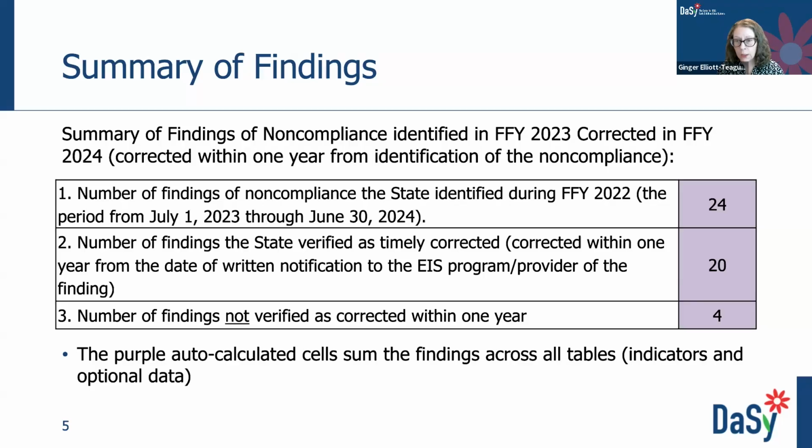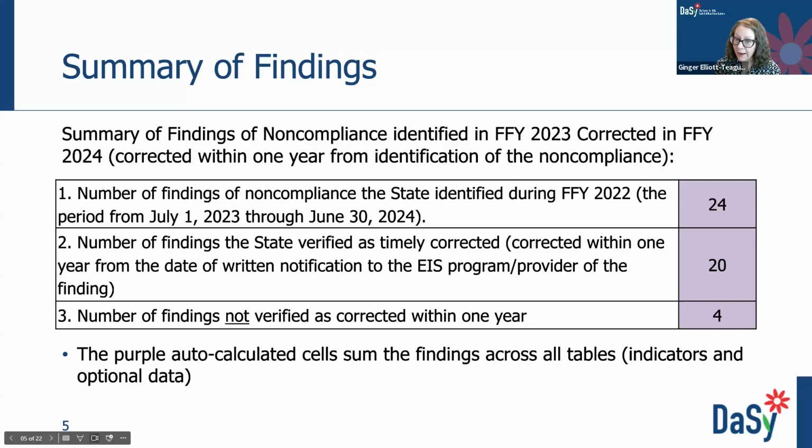And so there were 24. And then it sums up the number that were timely corrected within 1 year. And then it will give you the number of findings that you reported as not verified as corrected within 1 year. So in our example, of course, that's 4. So in this table, you will not have to fill anything out.